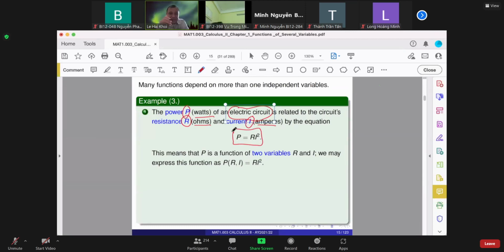So from this point of view, mathematically, we can think that P is a function of two variables R and I. See? So this is an electric circuit. You have a function of two variables, resistance and current. Right?